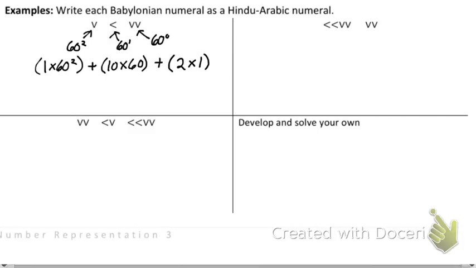Well, 60 times 60 is 3,600 plus 600 plus 2. That's going to equal 4,202. So that's the answer, 4,202.